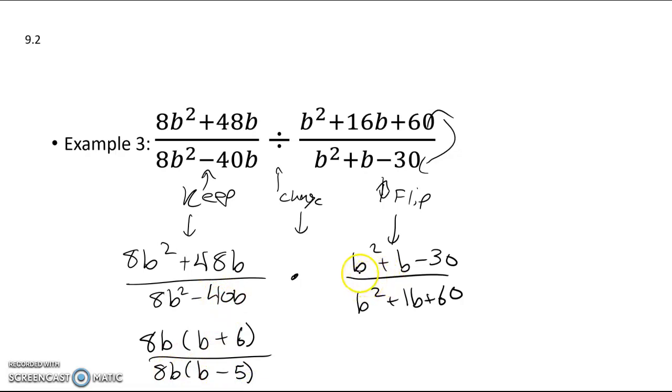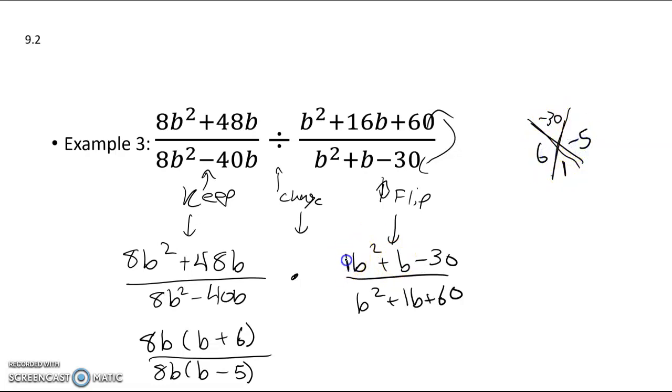Then over here, I have b squared. I have a trinomial, so I can set up my diamond here. Take the last number, negative 30, put it on top. Take the middle, put it on the bottom. Numbers that multiply to negative 30 and add to 1, if you take a look, that's going to be 6 and negative 5.